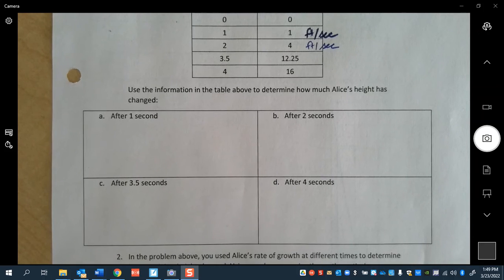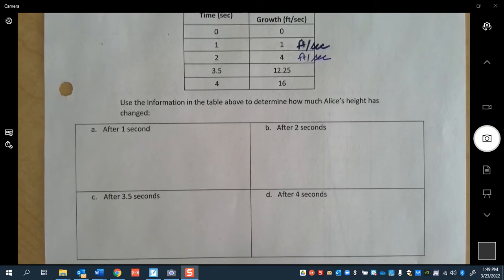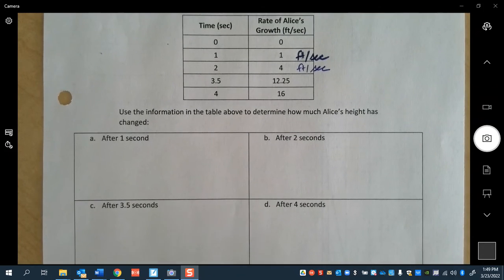The way that the question's phrased might be a little confusing, so let me provide a little clarification. After each second, you're like, well, that's what it is. But what we really care about is if we're looking for how much her height changes, we want to talk about between the intervals.